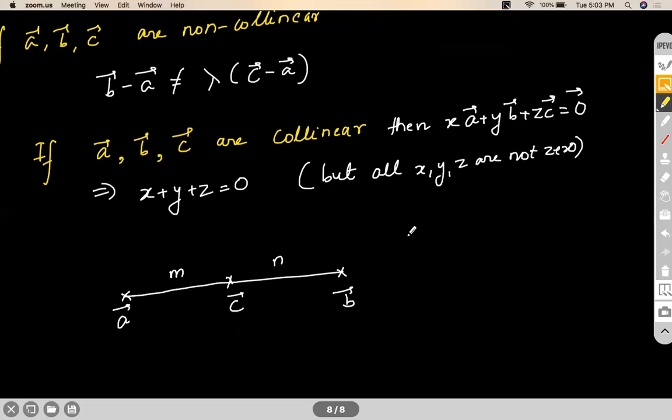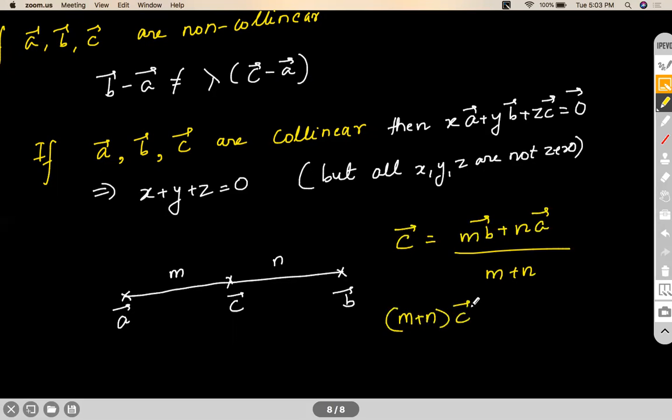So you can write C as (MB plus NA) by (M plus N). In other words, if you restructure it, it will be (M plus N)C equal to MB plus NA. Further, if you restructure it, you'll see NA plus MB minus (M plus N)C equal to a null vector, correct?